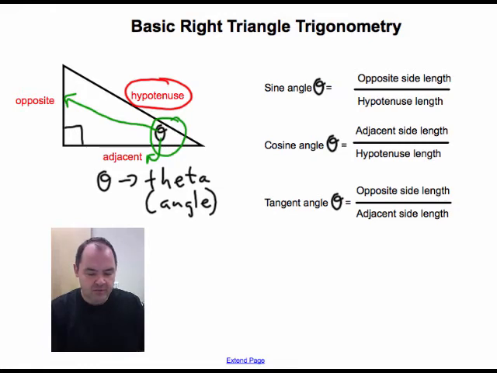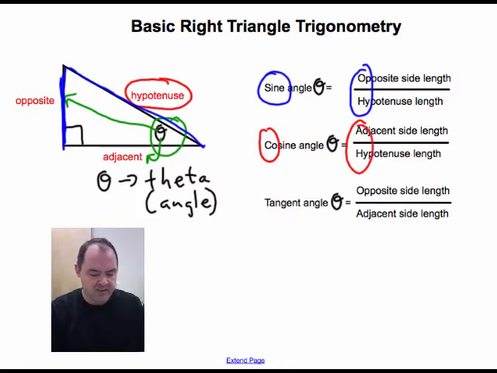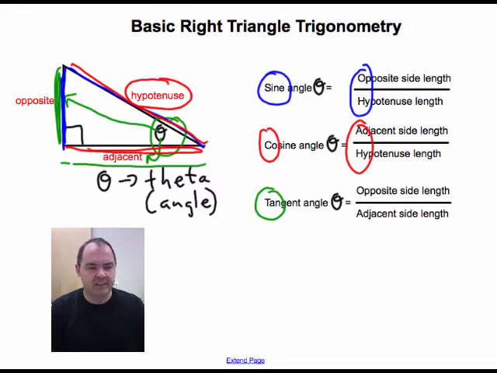The first one is the sine ratio, which is a measure of the opposite side length divided by the hypotenuse. Cosine is the adjacent side length divided by the hypotenuse. And the tangent ratio is a measure of the opposite side length divided by the adjacent side length.